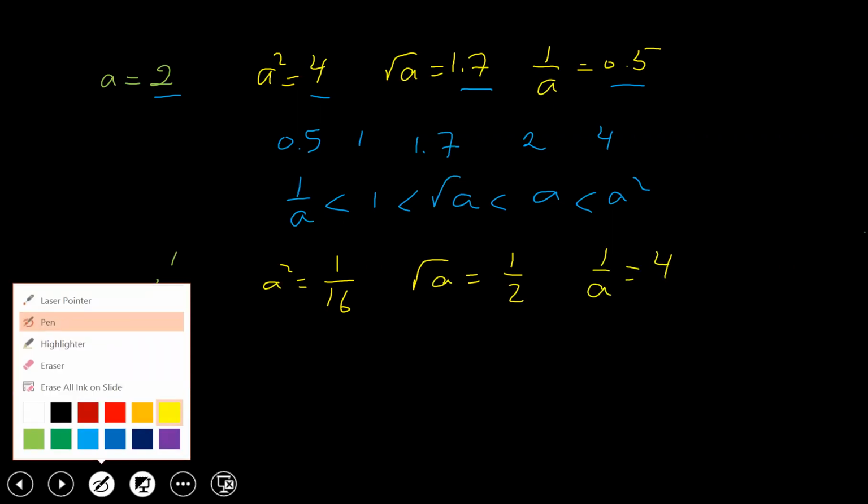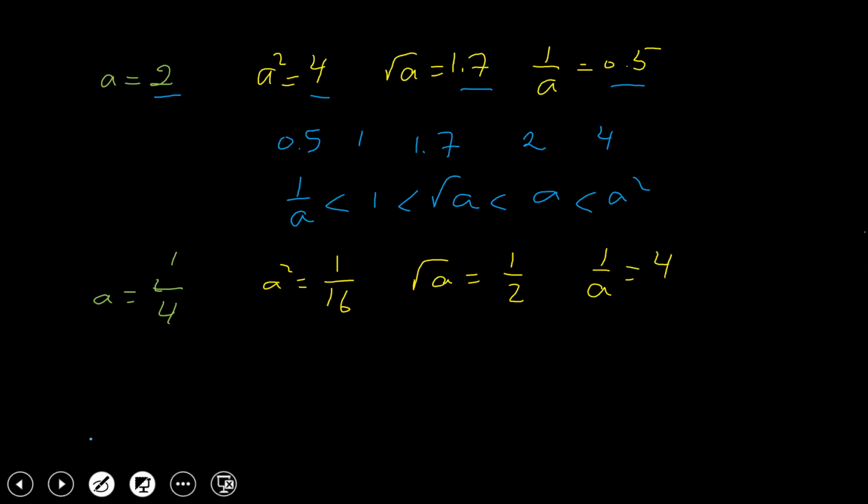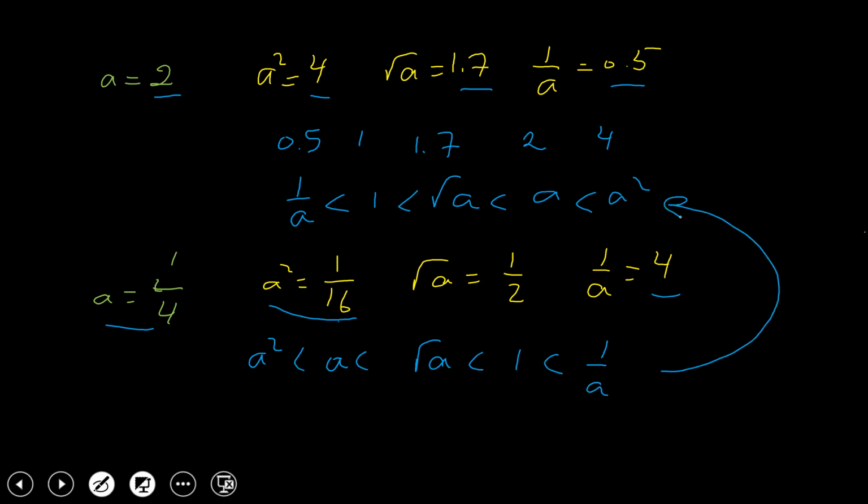Now, if you want to arrange these values in increasing order, the smallest one among them all is the one with the biggest denominator here. It's A squared. Then comes A. Then comes radical A. And of course, all of these, 1 over 4, 1 over 16, 1 over 2 are less than 1. However, 1 over A, which is 4, is greater than 1. So we get it like this, completely opposite to the other case.